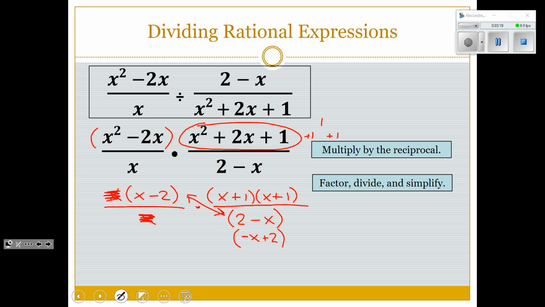It would be the same as this one if we factor out a negative 1. So when you look for opposite binomials, they cancel each other out, but since you are factoring out a negative 1, we have to add a negative to your final answer. So this binomial cancels out this binomial, but we factored out a negative 1.